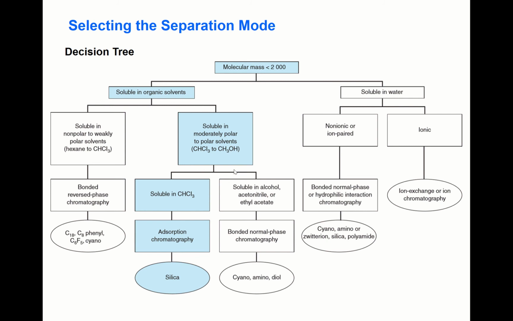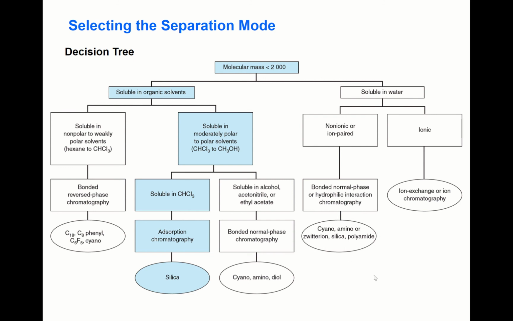But the question is, how do we select, for example, the columns, or how do we select the separation mode? This is called the decision tree. This can be a guide to decide which way to go.